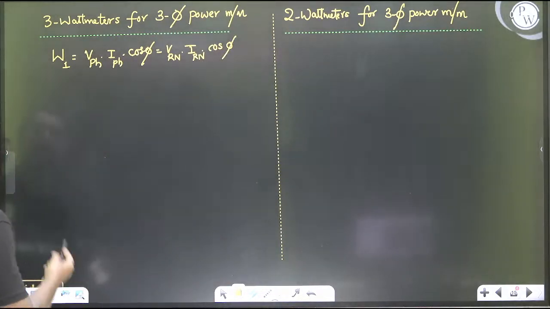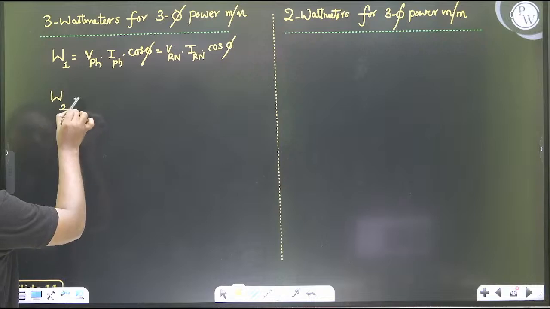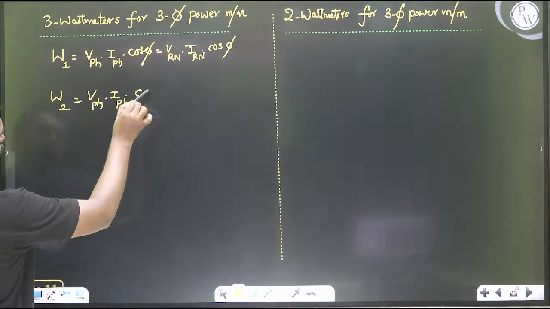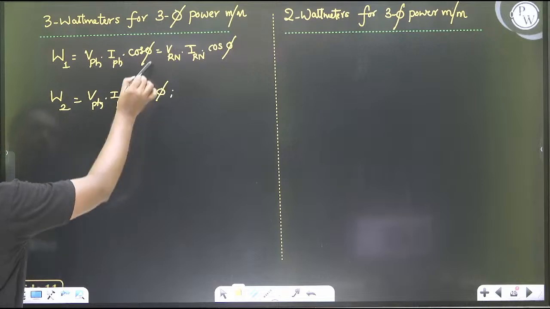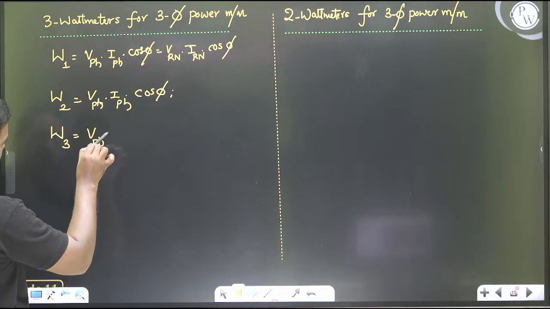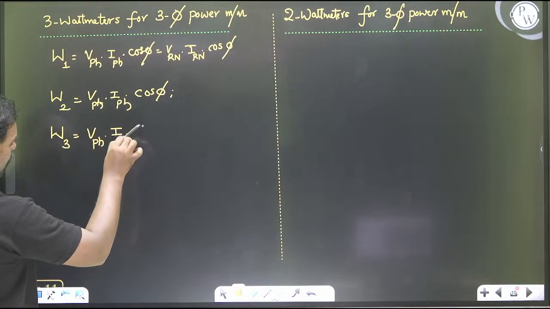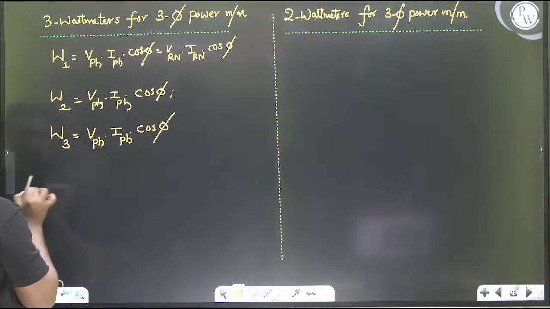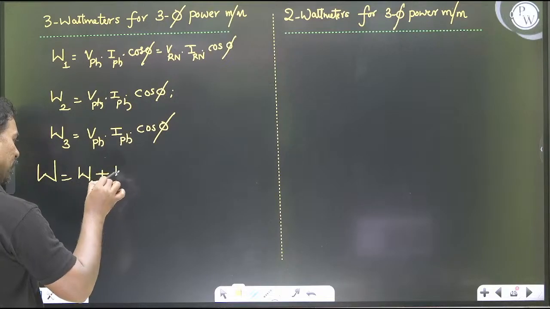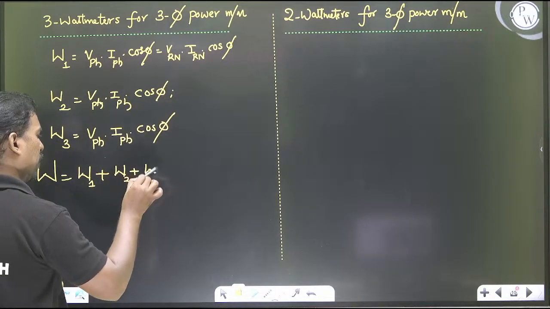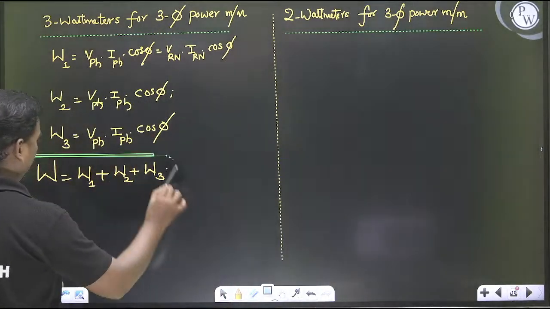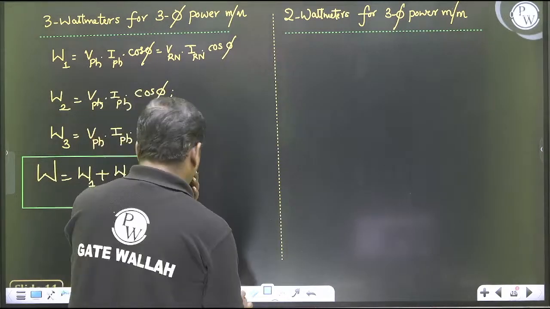Okay, similarly W2 क्या होगा, that is VPH, IPH, cos phi. W3 क्या होगा, VPH, IPH, cos phi. So the total power क्या होगा, W1 plus W2 plus W3 होगा, 3-phase power का.